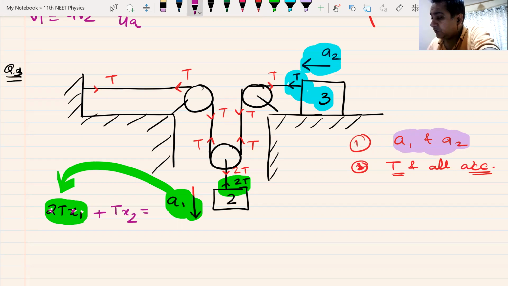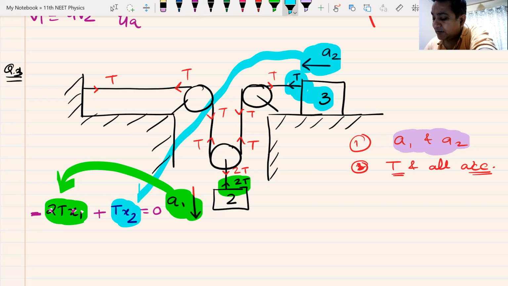Oh, sorry, the first term will be minus. I did not write minus there because 2T is upwards and x1 is downward, so it will be minus. Minus 2T x1 plus T x2, or a2, will be equal to 0. This is the blue part. Do we understand this?